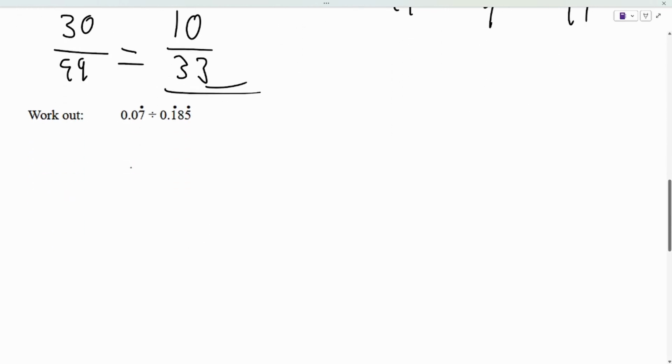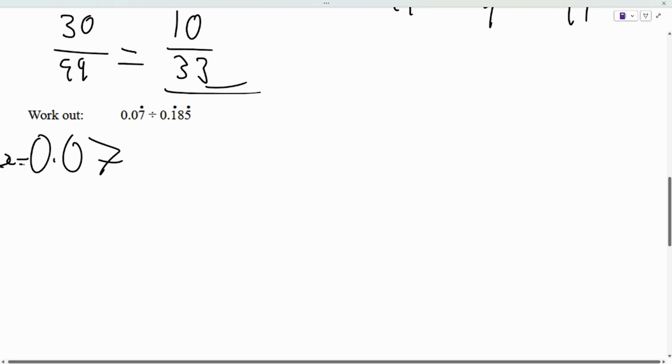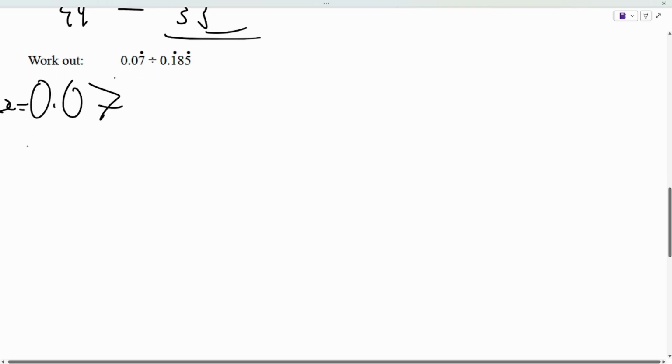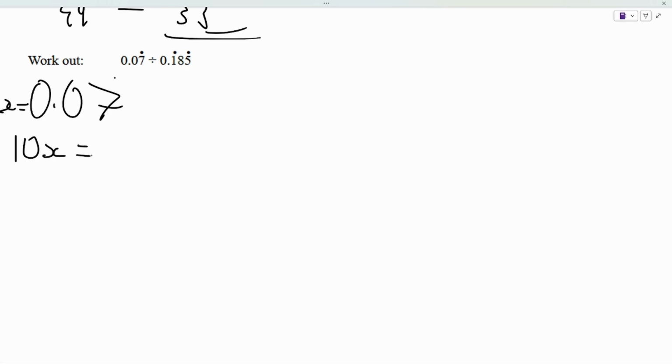Again, same thing here, we've got two recurring decimals, so we want to make them fractions so we can then divide them. So x equals 0.07 recurring. And again, because this 0 isn't recurring, look at my previous video, we want to line it up. So times it by 10 is going to be 0.7 recurring, which doesn't line up with the previous one.